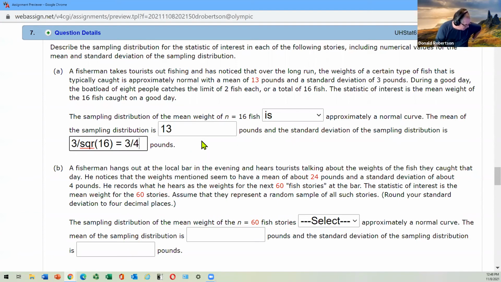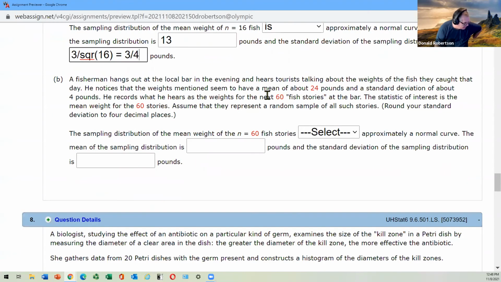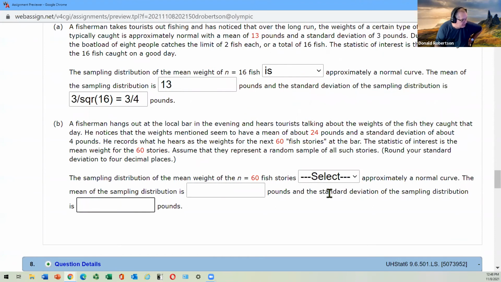Now, if we do question B, haven't they upped the number to 60? Wouldn't that basically only change the sampling distribution's standard deviation?